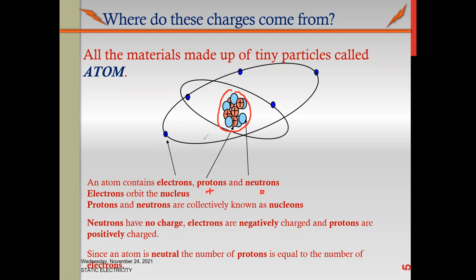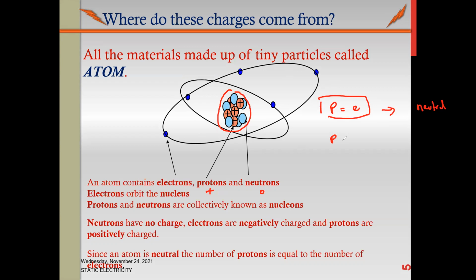So the origin of the charge is basically the atom, because the atom contains charged particles. If the number of protons is equal to the number of electrons, then the whole material will be neutral.